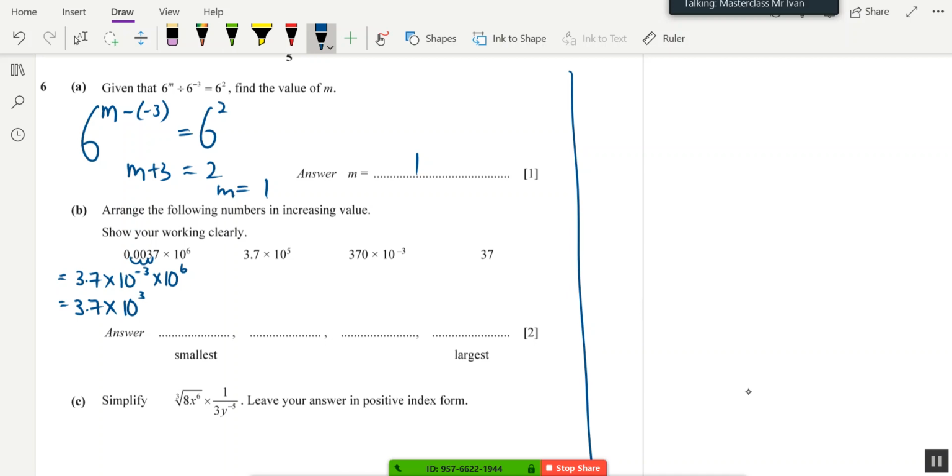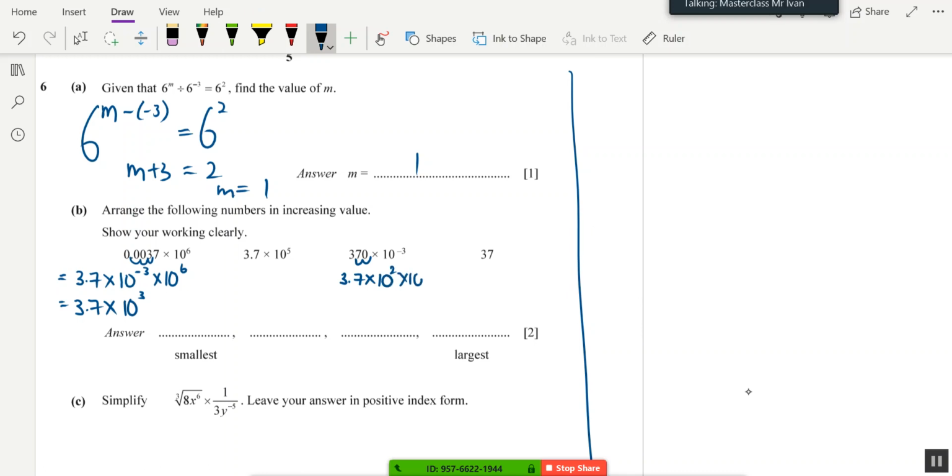Put it in standard form first. The second guy, is it already in standard form? Yes, it's already in standard form, so it doesn't matter. The third guy, is it in standard form? No, so 370. The decimal is here, I move to the left. Means this is 3.7 times 10 to the power of 2.